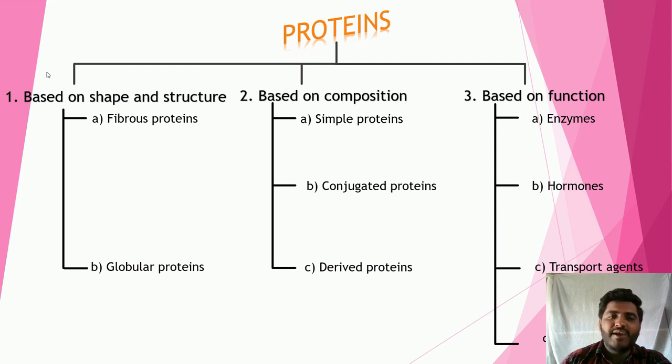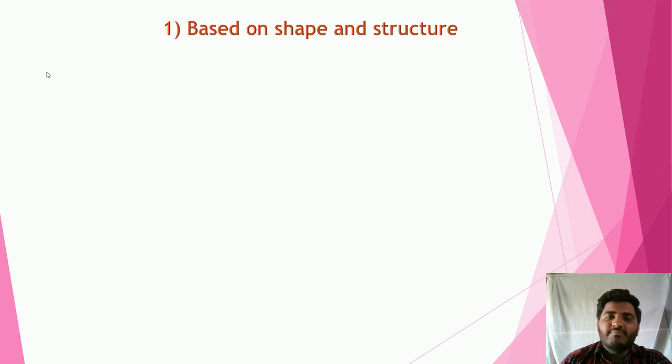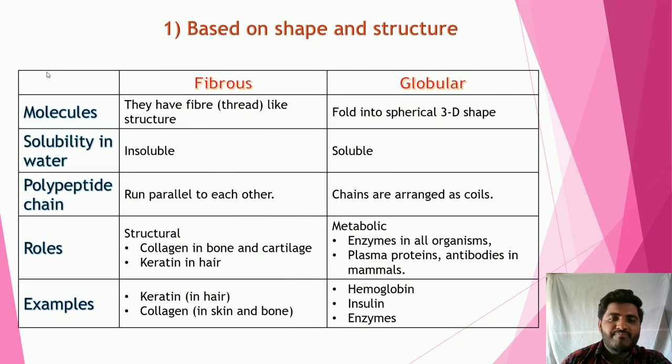First we will start with the shape. Based on shape, proteins are classified into two ways, you know already: fibrous proteins and globular proteins. We will study the difference between these two so that we can understand the definition also, the solubility, the chain present in them, and where they are exactly located.